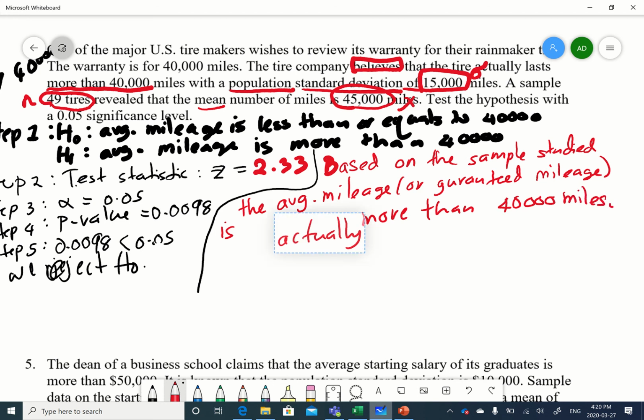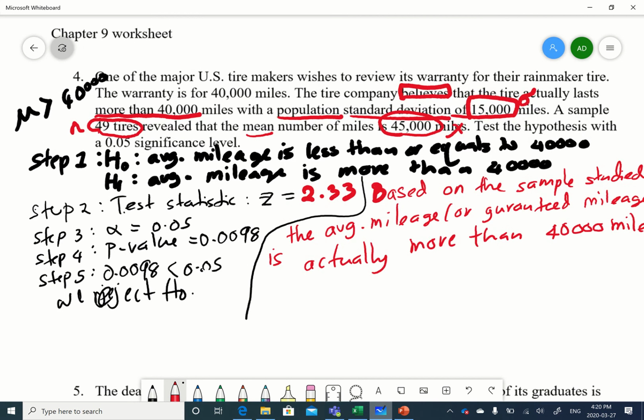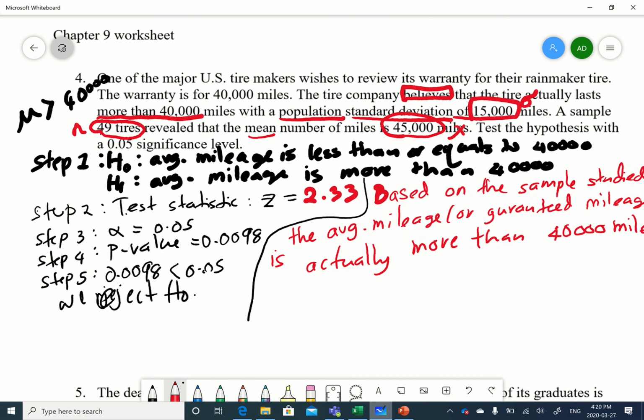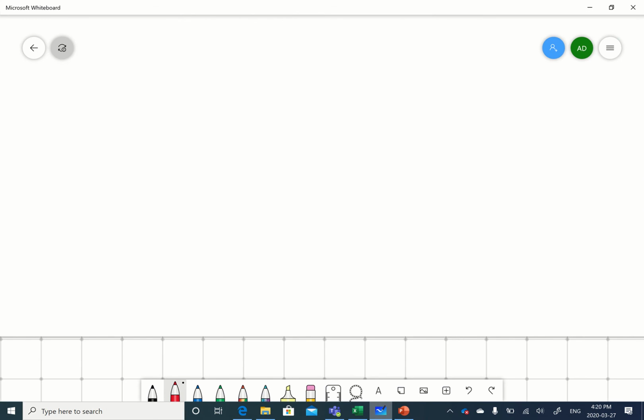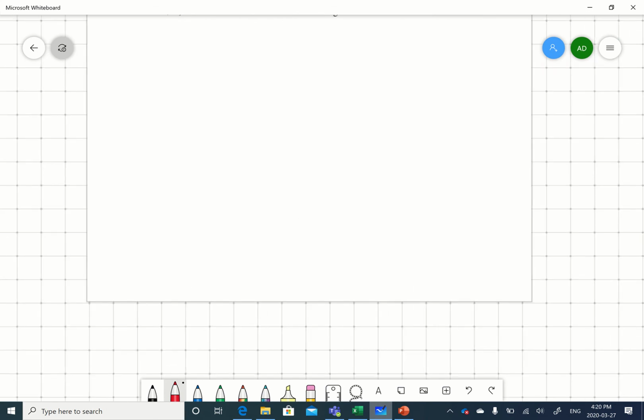Okay, right. So I did 2 questions. One is the t approach, this one is the z approach. Both are for population mean. And then I'm going to do one more for proportion.